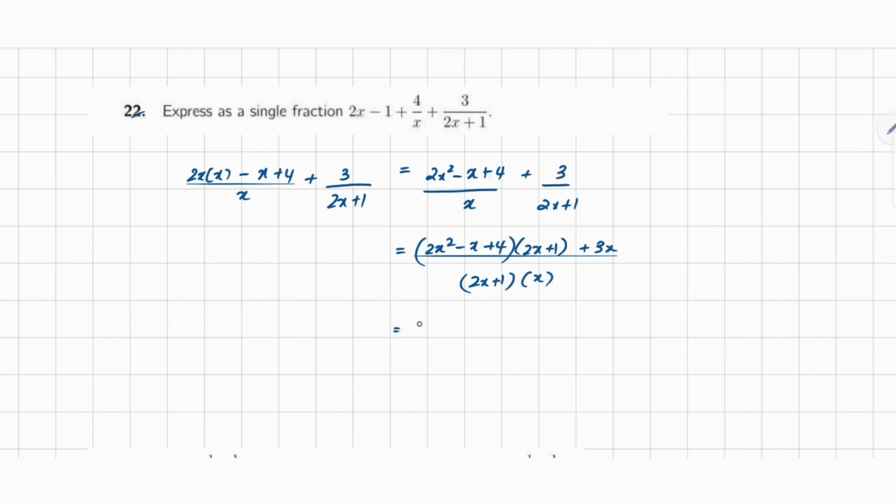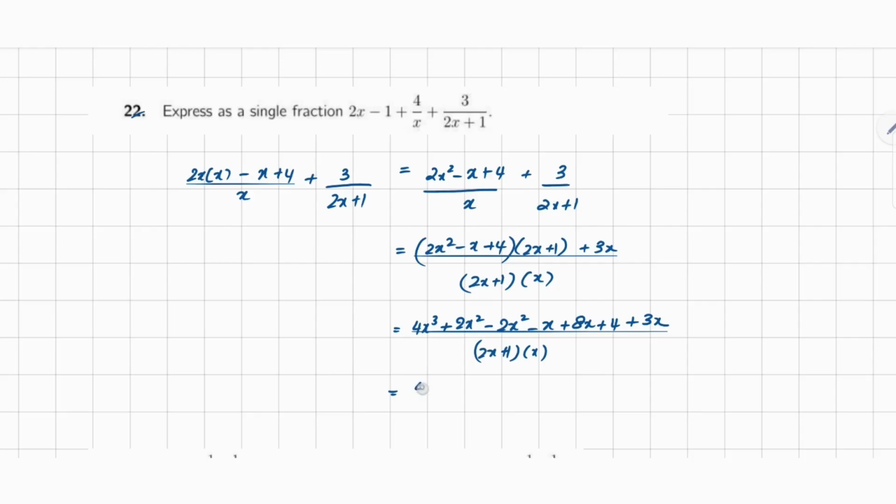We have 2x squared times 2x, so that's 4x cubed. 2x squared times 1, that's plus 2x squared, minus x times 2x, so that's minus 2x squared, minus x times 1, that's minus x, plus 4 times 2x is 8x, and plus 4 times 1 is plus 4, plus 3x over (2x plus 1) times x.